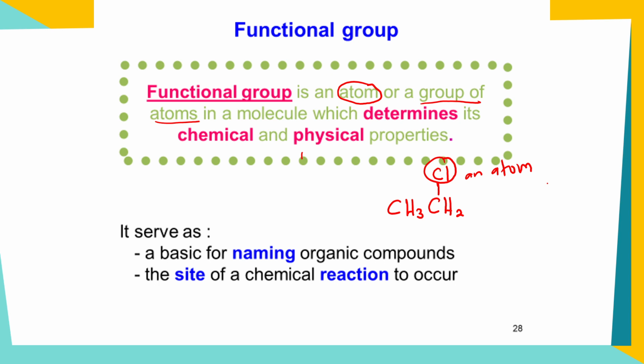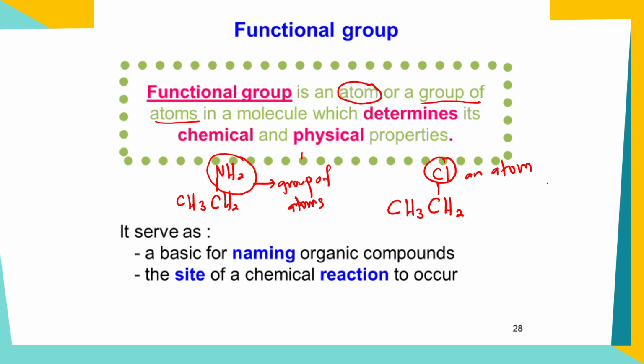Another example, let's say we have CH3CH2 bonded to NH2. In this case, the functional group is NH2, which is a group of atoms, because it has one nitrogen and two hydrogen.